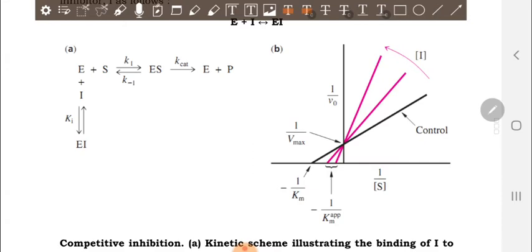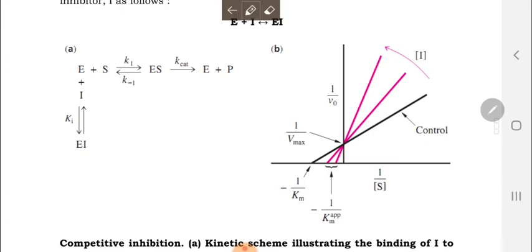We have four types: competitive, non-competitive, uncompetitive, and mixed type of inhibition. In your syllabus, we are going to study only competitive, non-competitive, and uncompetitive. Here you can see the black line is the control, that is, without adding inhibitor. This is the lowest concentration of inhibitor, and this is the highest concentration of inhibitor.